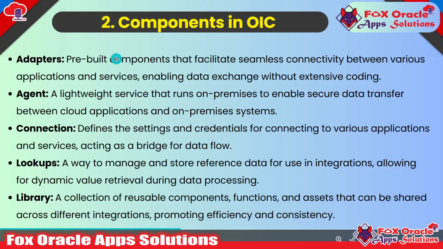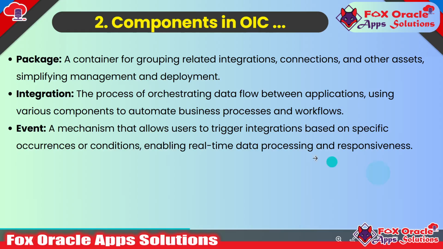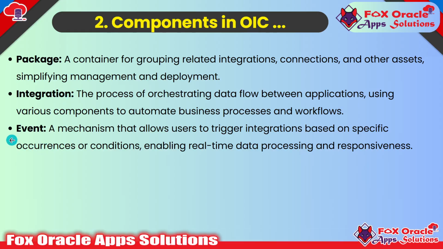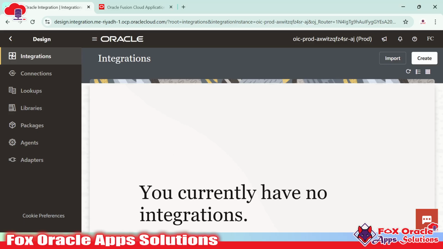So the very first, if we talk about, that's the adapters. So we have adapters, agents, connections, lookups, library, packages, integrations, and obviously events, which they added newly. When we are talking about adapters, this is our OIC application. This OIC application wants to interact with other third-party systems to get the data. But how will OIC get to know which third-party system we have to connect to?